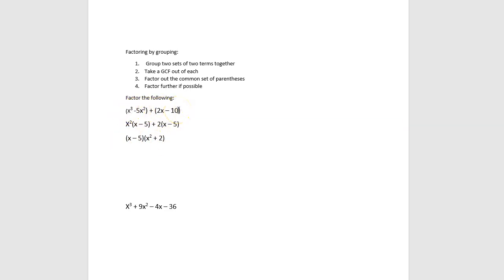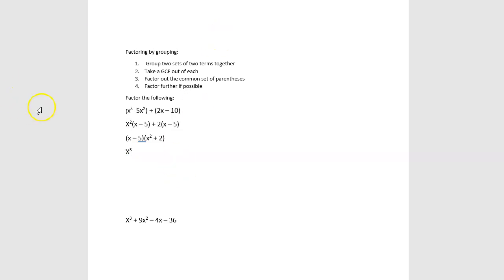All right, so let's go down here, and actually let's check one of them just so you know how to check. So if we want to check and make sure we did this correctly, we can multiply back again. So we can go x times x squared, well that's x to the third. There we go.